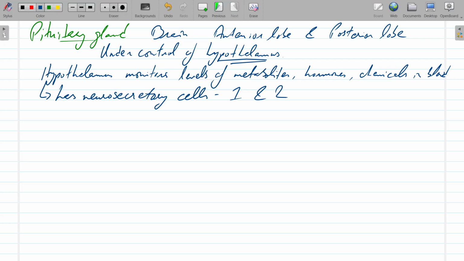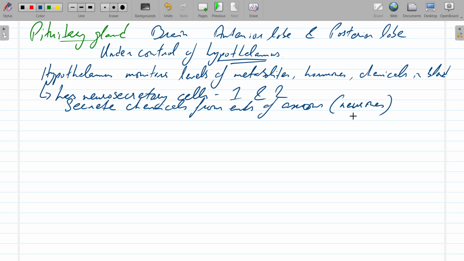These secrete chemicals from the ends of their axons, which basically means they are neurons. If you're using the word axon, it's neurons, nerve cells, brain cells.